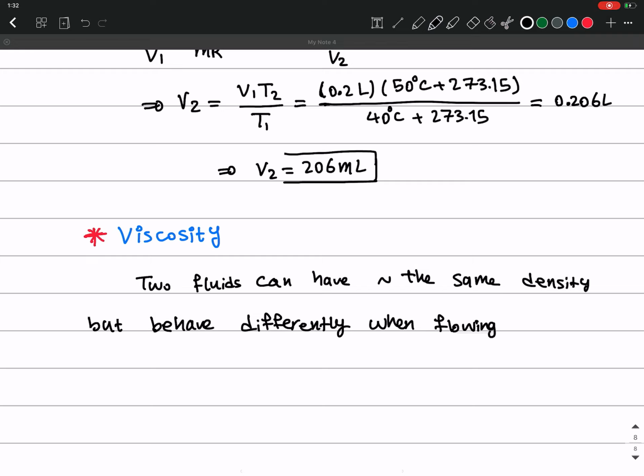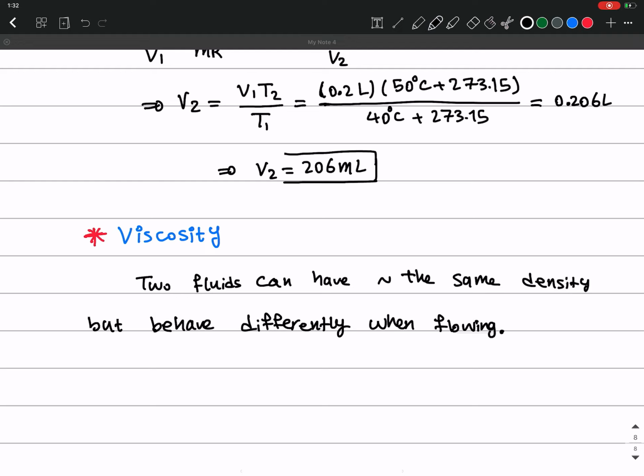This is a very important point. We can have two fluids that have the same density, but one can have a very high viscosity, and one can have a very low viscosity, and they can behave differently when they flow.